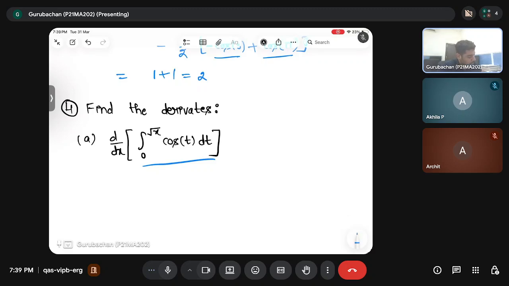See, you know that the integral from a to x of f(t) dt is nothing but f.